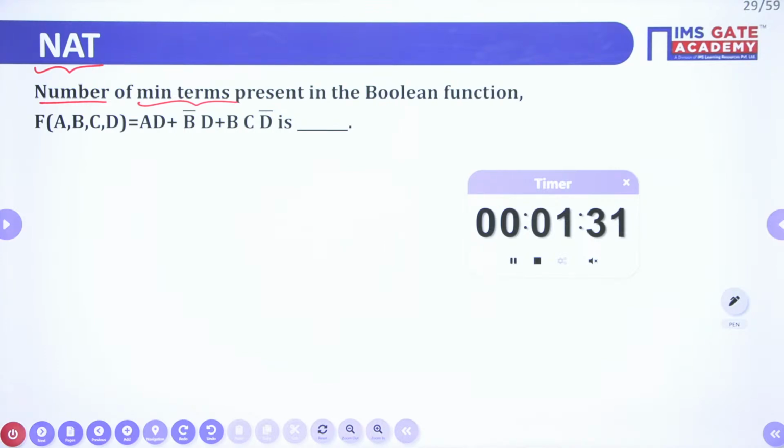Yes, very good Devrat, very good. Others also please try. Yes, very good Krishna Priya.